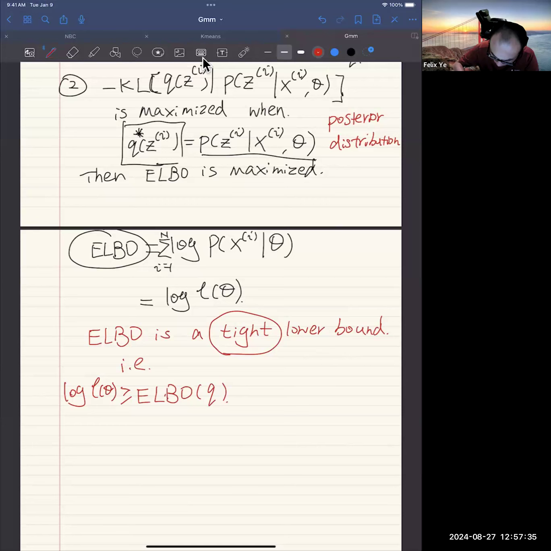But if we maximize the ELBO over Q, this actually recovers the log likelihood. So this tells you ELBO is a tight lower bound.